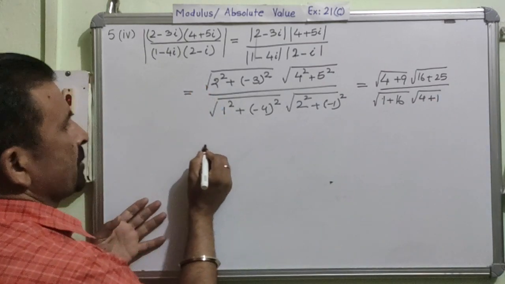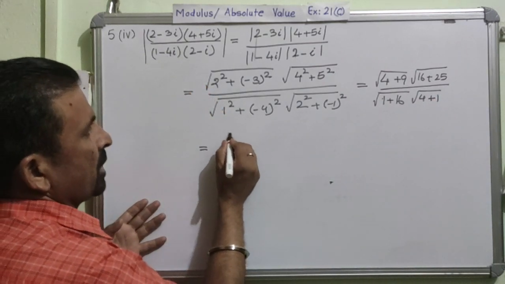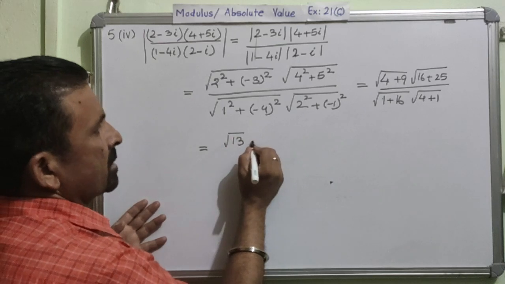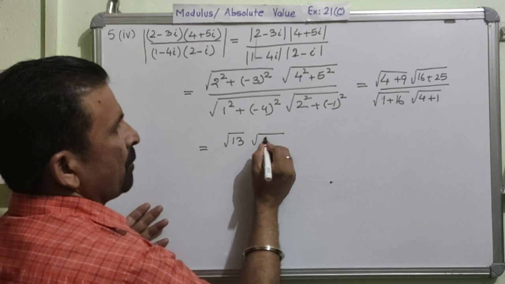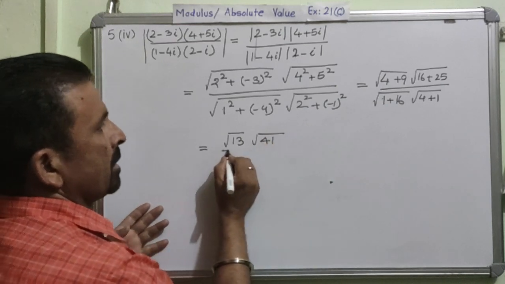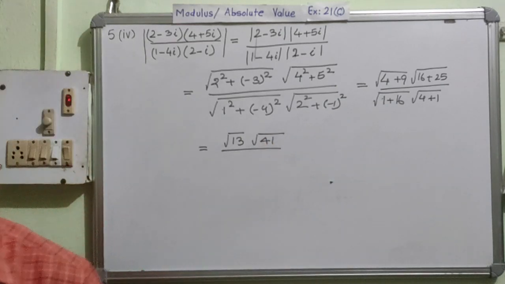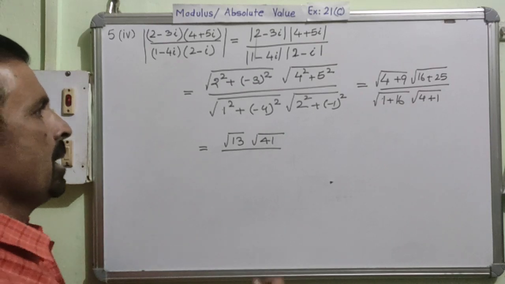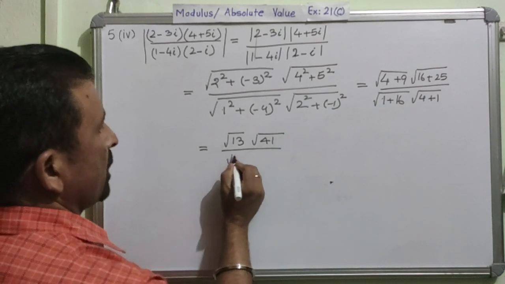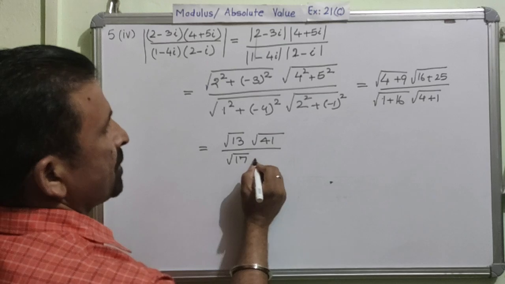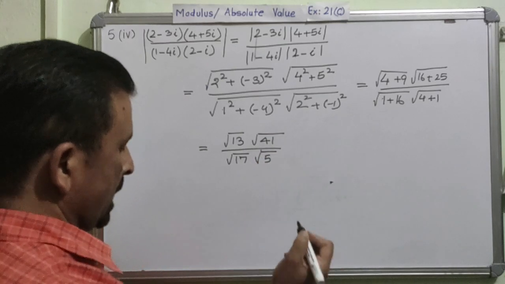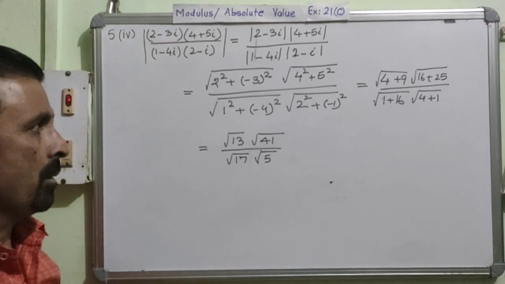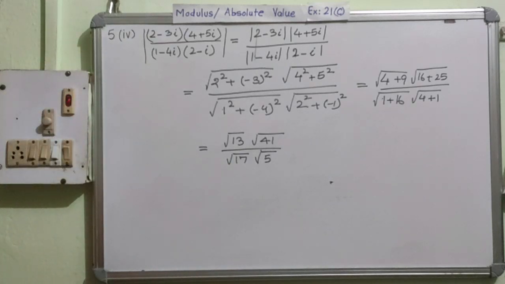This is further equal to root over 13 times root over 41, divided by root over 17 times root over 5.